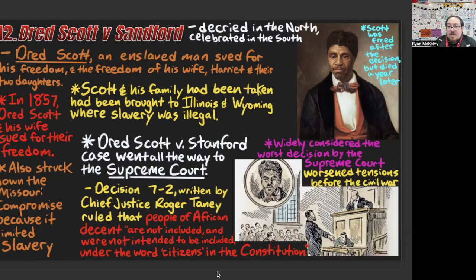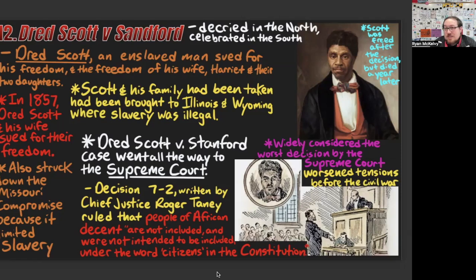And of course, there are thousands of black citizens living in the North, who have been free blacks for our entire history. There have been black people who voted in elections in the North. But now this decision completely erases all of that, and it's considered the worst Supreme Court decision in history by most.